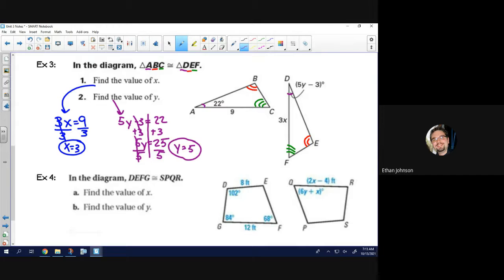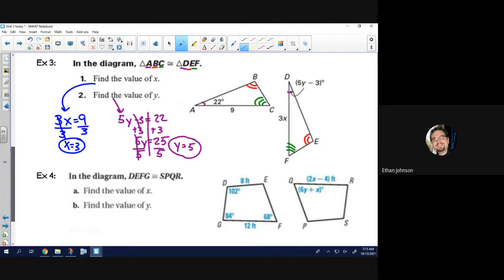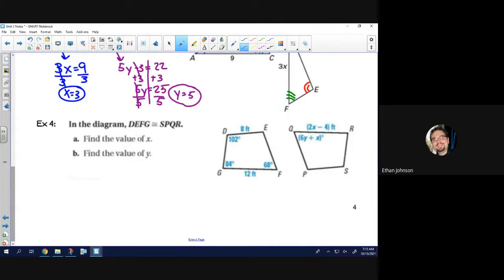Now remember, this works for any multi-sided shape as long as we say they are congruent. So in example 4, it says DEFG is congruent to SPQR.